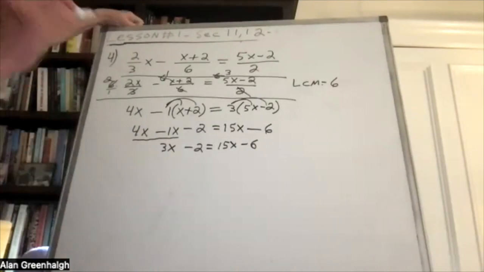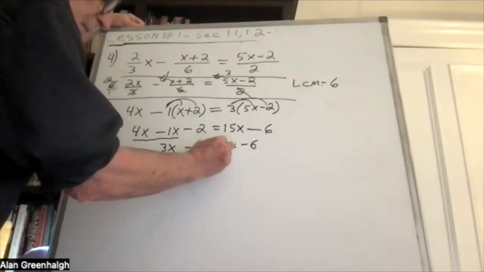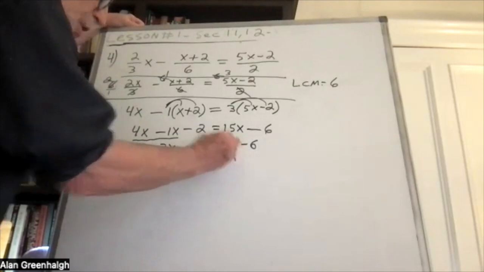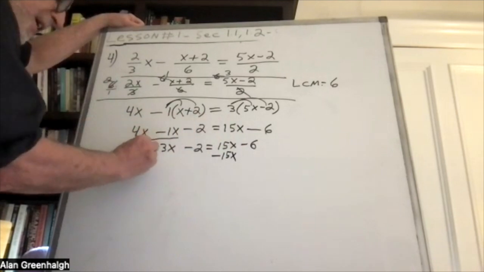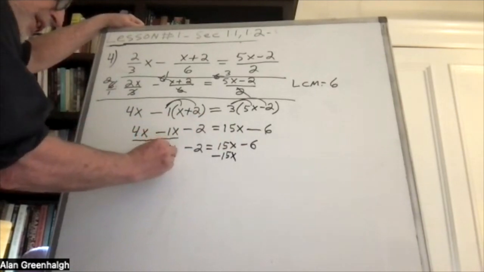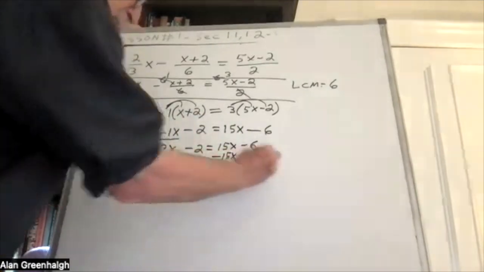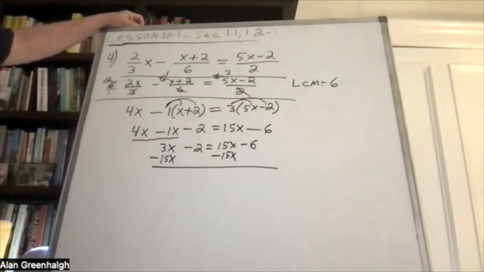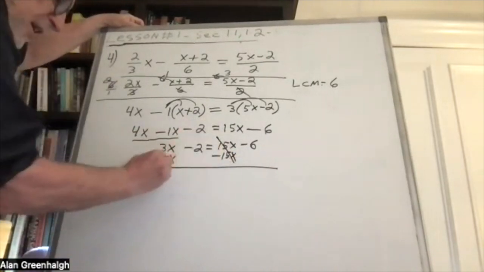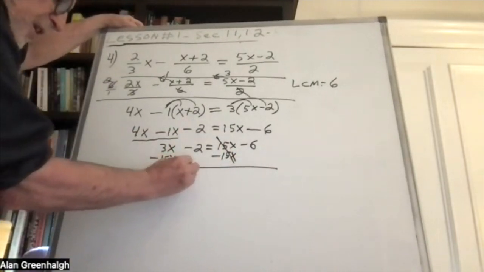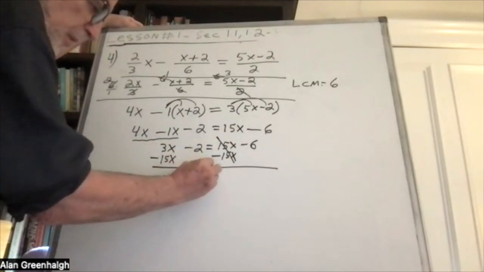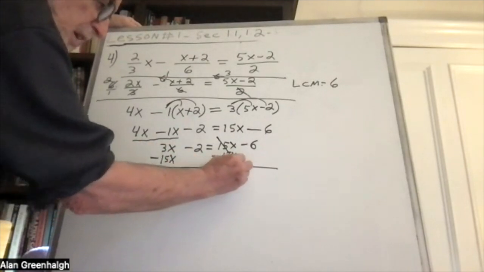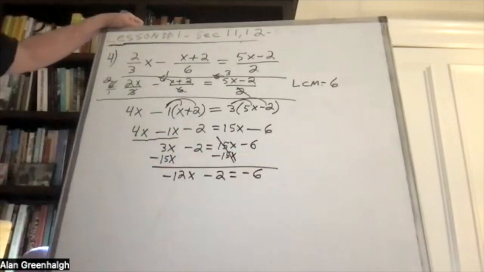Now, I would like to do this. I know that there are people who would bring the 3x over there, but I don't mind using negative numbers. So I would do that. And that cancels out, and this becomes negative 12x minus 2 equals negative 6.